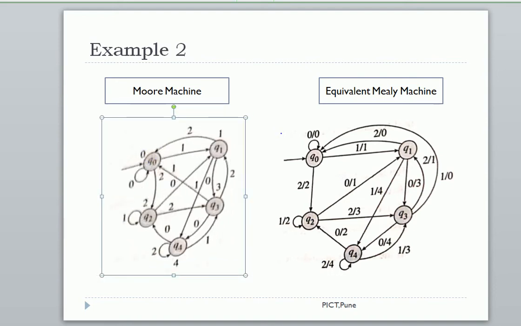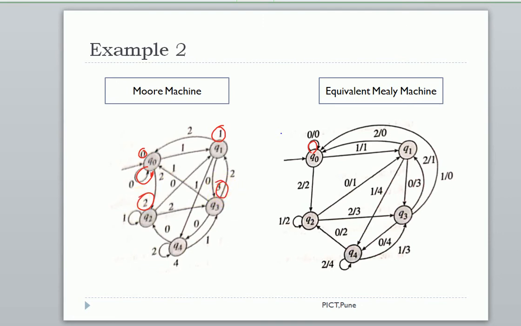I will talk only about the single state. Q0 on 0 goes to Q0, so I will write here Q0. Output associated with the state is given here. It is 0. With the Q1 output is 1. With the Q2 output associated is 2. With Q3 output associated it is 3, and with the Q4 output associated is 4. So that is what we have to remember while moving.